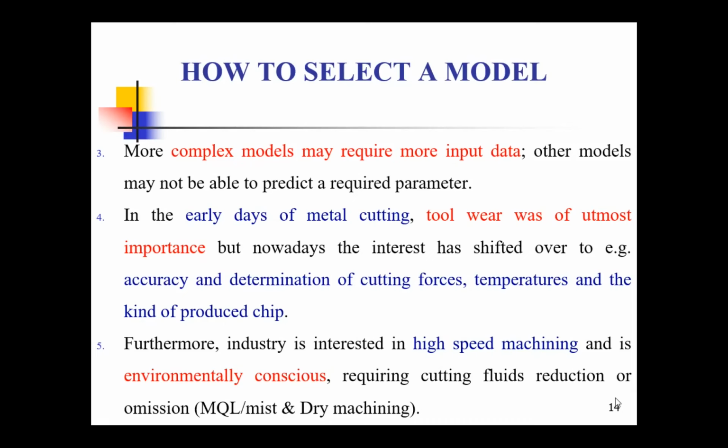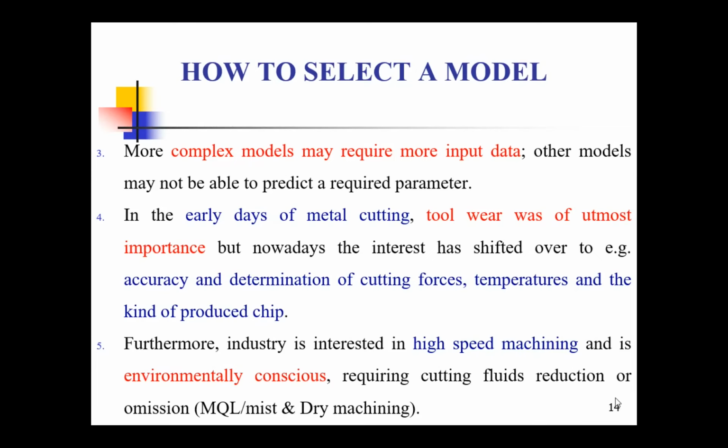If the operator inhales that, it will be a health hazard. Also, the recycling and processing of these cutting fluids is a very basic task. That's why they are going with dry machining.